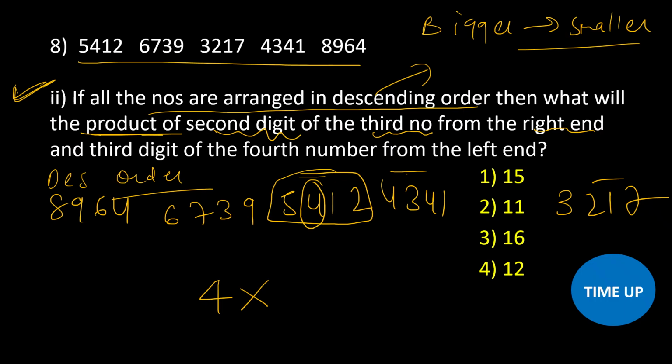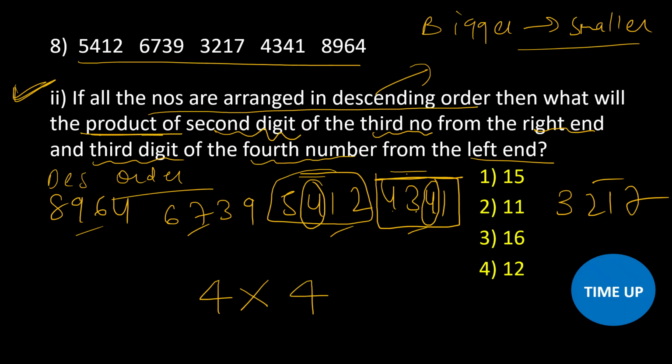Next see, third digit, fourth number from the left hand. 1, 2, 3, 4. This is the fourth number from the left hand. Third digit they want. 1, 2, 3. Third digit is 4. So they want the product. 4 into 4 is 16. Answer is third one, 16.